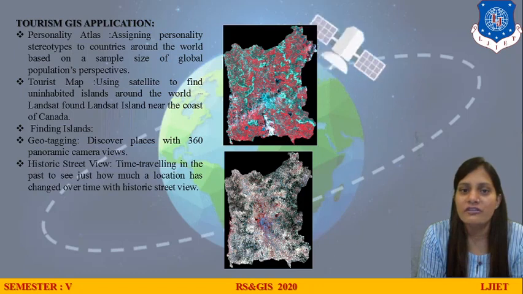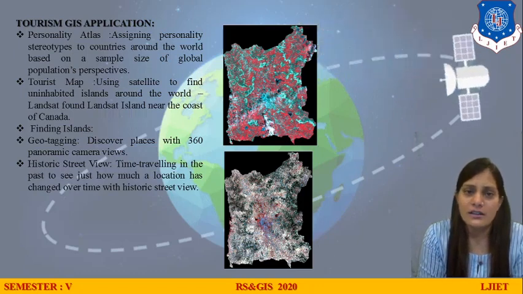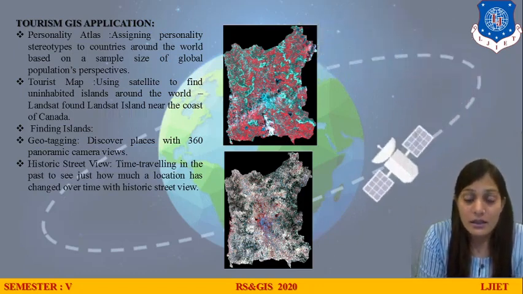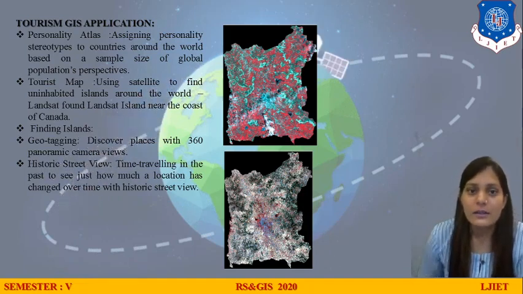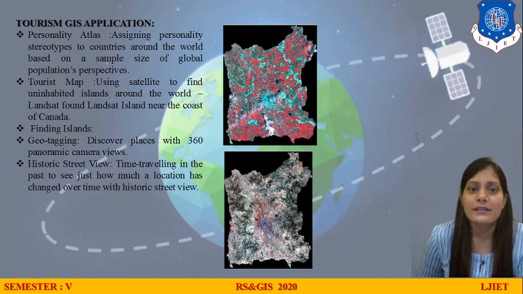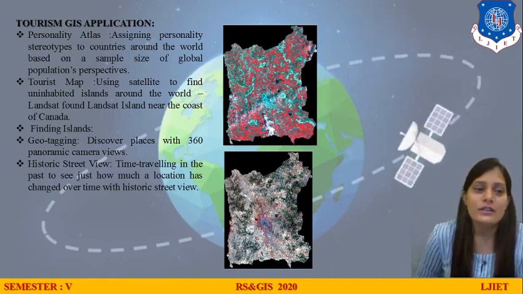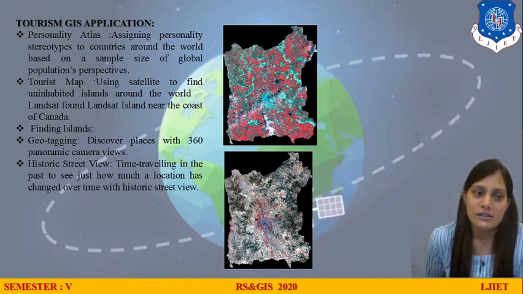One image is full of red color, another is of white color. So there is some indication that if the Ujjain local governing body or the Ujjain tourism sector wants to see some development, they can see it by this. It is not like they need to go to the site every time and then decide. So this is how the tourism GIS application works.